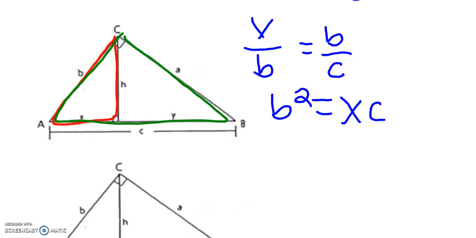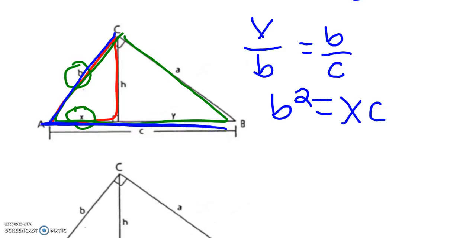And we can see that we have our small leg x over our small hypotenuse b, and then we have our big leg from our big right triangle b again over our big hypotenuse.